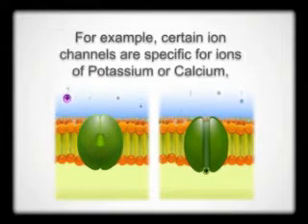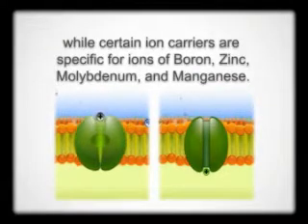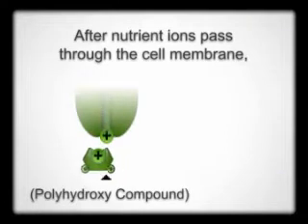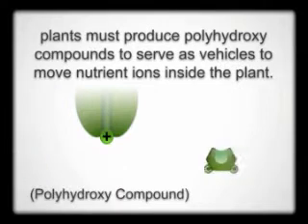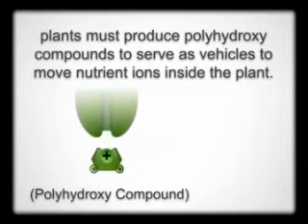For example, certain ion channels are specific for ions of potassium or calcium, while certain ion carriers are specific for ions of boron, zinc, molybdenum, and manganese. After nutrient ions pass through the cell membrane, plants must produce polyhydroxy compounds to serve as vehicles to move nutrient ions inside the plant.